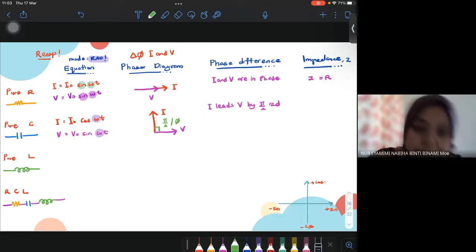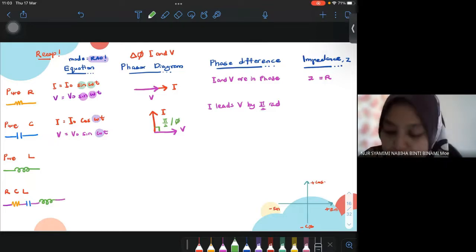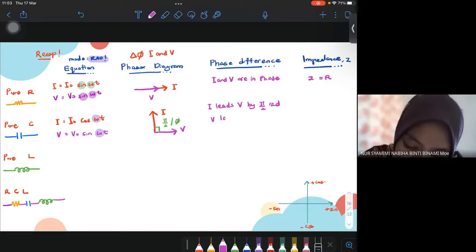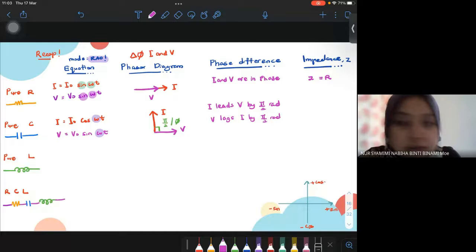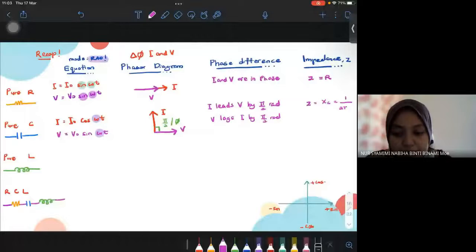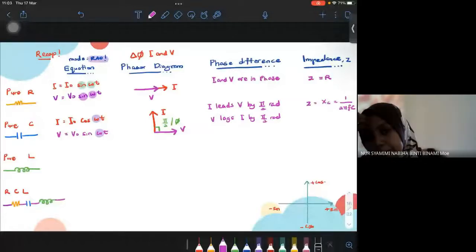In other words, saya boleh tulis V leads I by pi over 2 radian. Okay, so the impedance for pure capacitor, our Z is equals to XC and XC is equal to 1 over 2 pi FC.